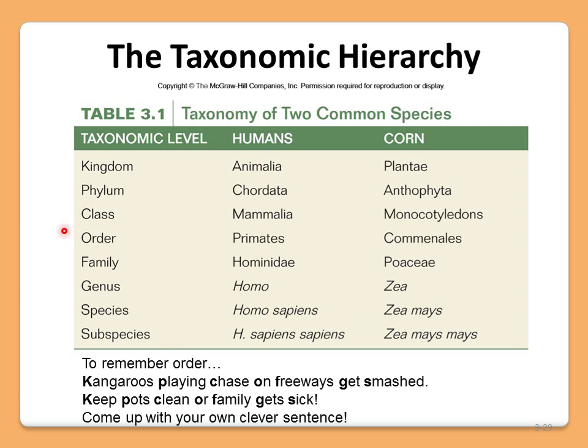So K for kingdom, P for phylum, C for class. You could also say keep pots clean or family gets sick. That's the same thing, mnemonic, where these first letters stand for this order. So if you get to a test and you need to remember this order, which you will, you can even come up with your own clever sentence, whatever helps you out to remember this order here.